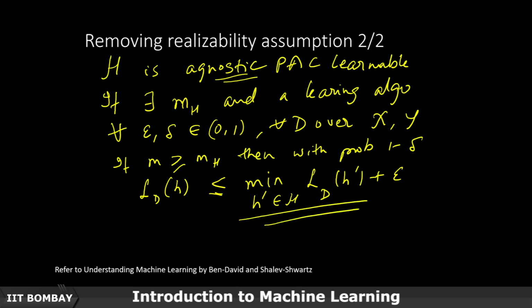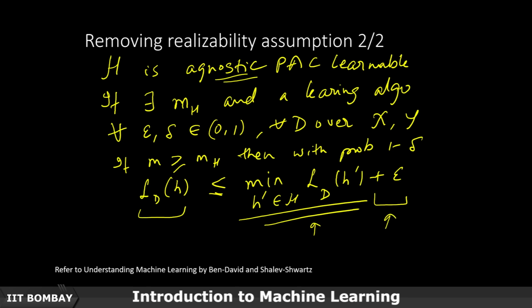This true minimum risk need not be 0. If it is 0, then it is going to satisfy the realizability assumption. But if it is not 0, whatever the minimum is, on top of that we can add an epsilon tolerance, and if we can draw a sample such that the true risk of that classifier is going to be the minimum plus a tolerance of epsilon with probability 1 minus delta, then this hypothesis class is agnostic PAC learnable.